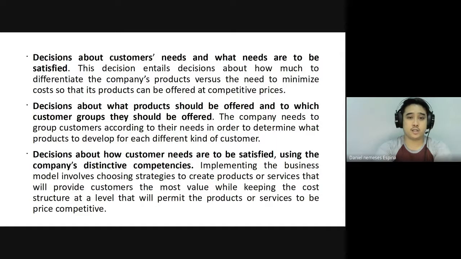First is the decisions about customers' needs and wants, and what needs and wants are to be satisfied. When you talk about need, it does not only refer to the direct need satisfied by a product. For example, with food, of course, it directly solves the hunger of an individual, but actually buying food, the hunger is not the only need, right?